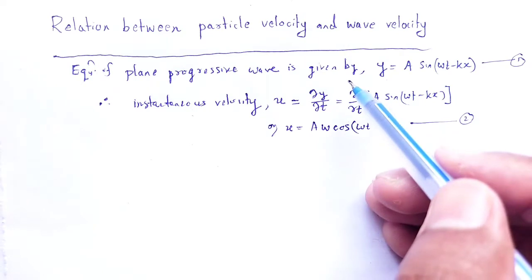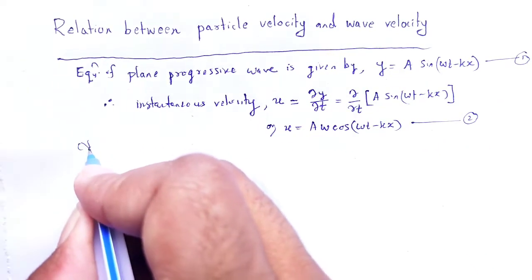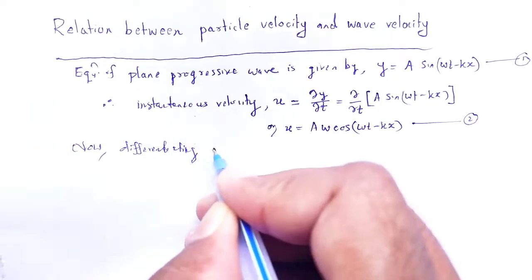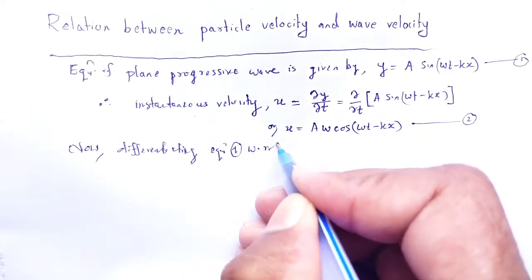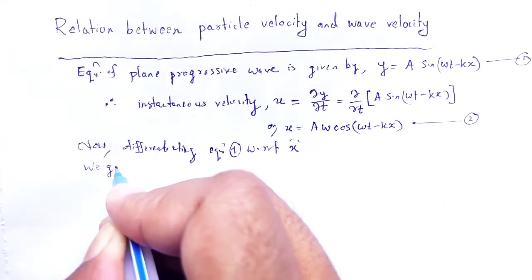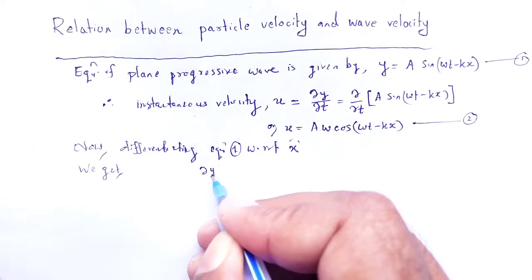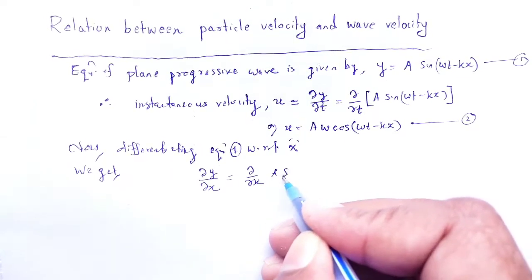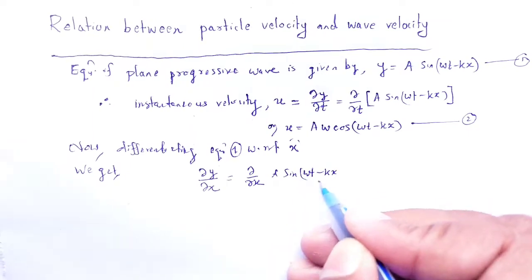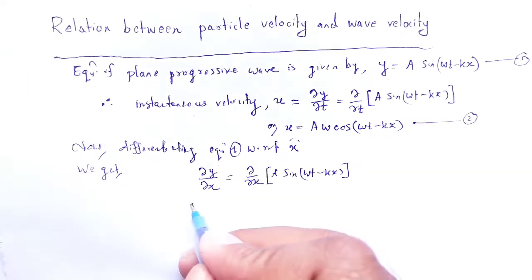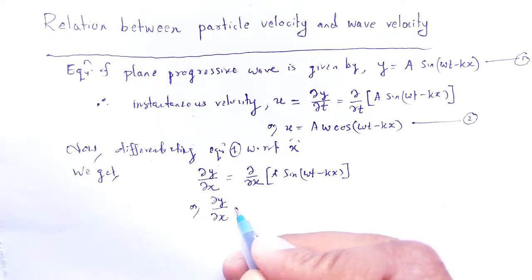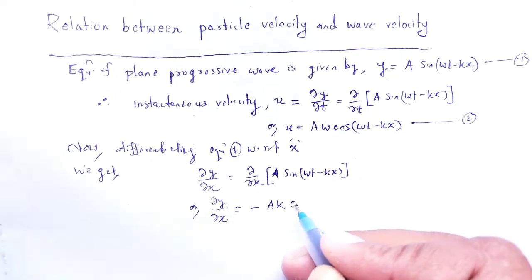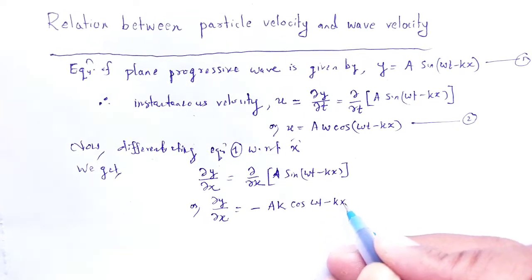Now differentiating equation 1 with respect to x, we get ∂y/∂x equal to ∂/∂x of a sin(ωt − kx), or ∂y/∂x equal to minus a k cos(ωt − kx), equation number 3.